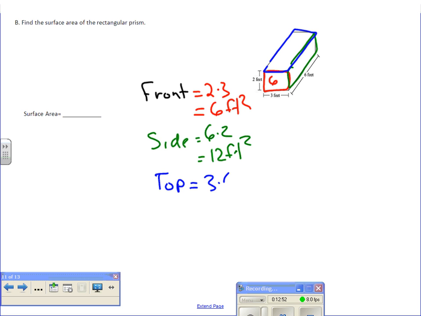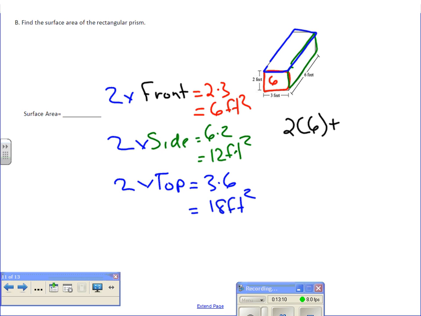So 3 feet by 6 feet, 18 feet squared. So now I need to count up all of them because there's going to be 2 of these, 2 of these, 2 of these. So 2 times 6 plus 2 times 12 plus 2 times 18.